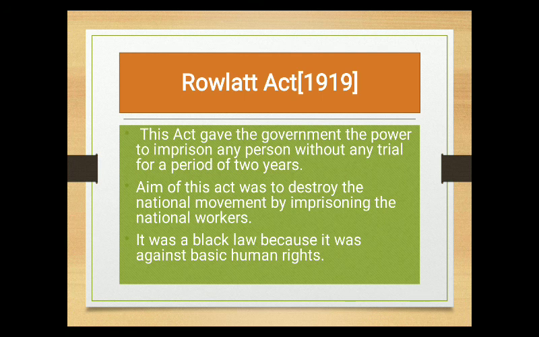They would be arrested for 2 years without any reason. That is what the Rowlatt Act is, and the aim of this act was to destroy the national movement by imprisoning the national workers. If the national workers were imprisoned, automatically the movement would be stopped.